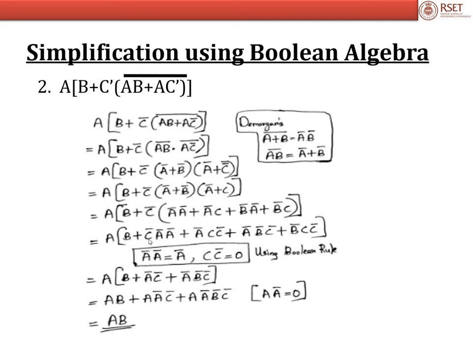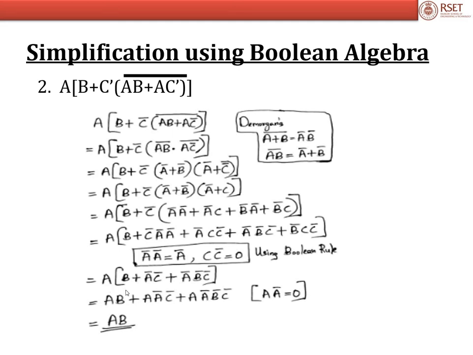So you will get a into (b plus c bar) into (a bar plus a bar c bar plus a bar b bar c bar plus b bar c into c bar). If you use the Boolean rules here, a bar into a bar is equal to a bar itself. Then here c into c bar is equal to 0. So this term and this term will go. The rest you will have a into (b plus a bar c bar plus a bar b bar c bar).